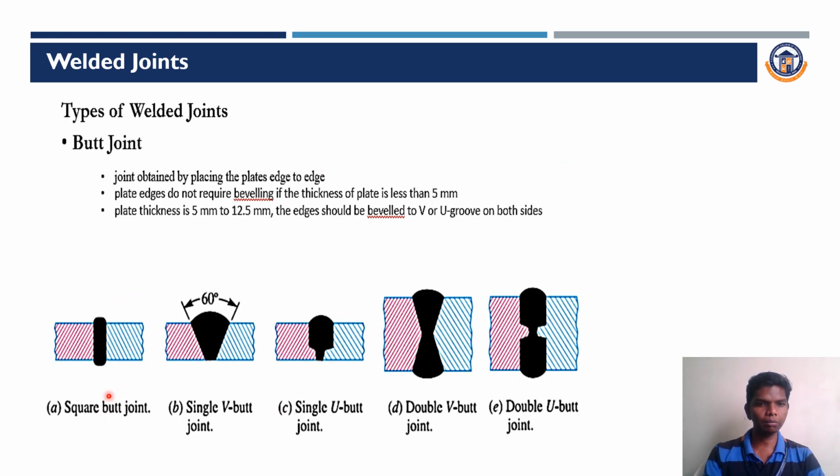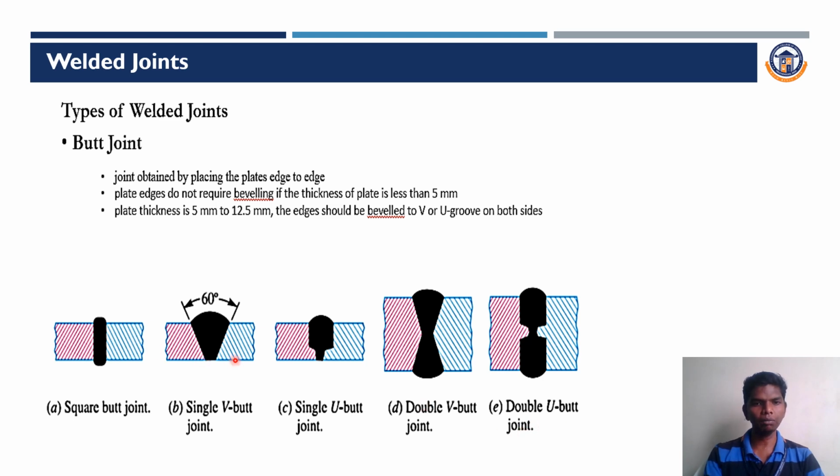The first diagram shows the square butt joint, the second shows the single V butt joint, and the third is a single U butt joint, the fourth a double V butt joint, and this one a double U butt joint.